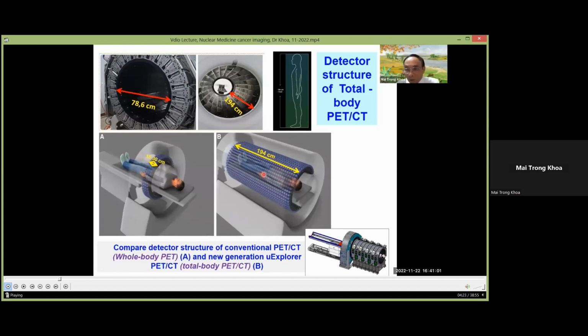It's just enough for the length of the patient's height, with a high degree of accuracy, and the detector width is close to 80 centimeters.